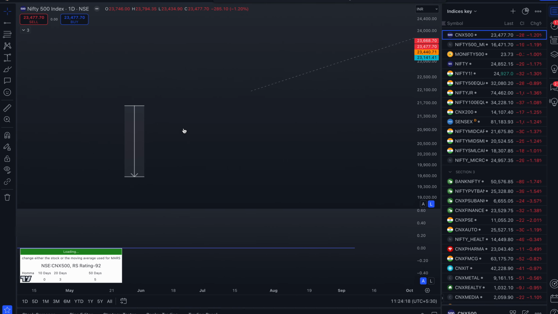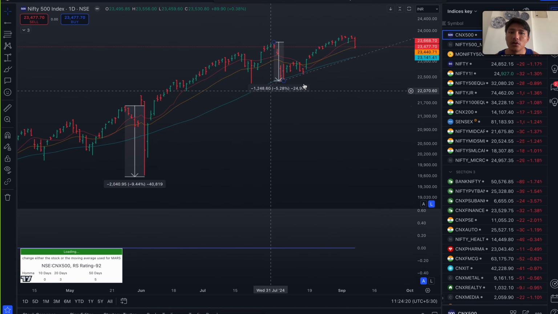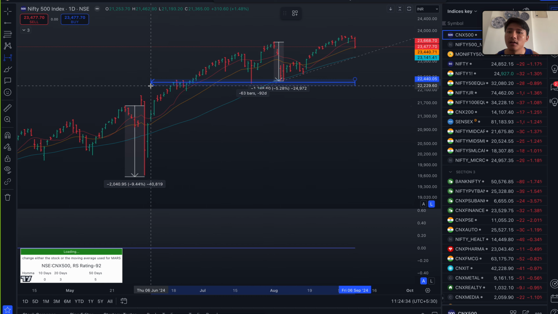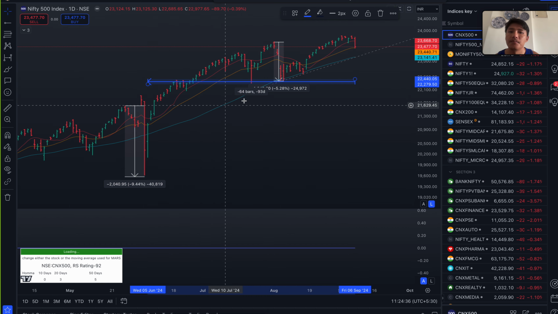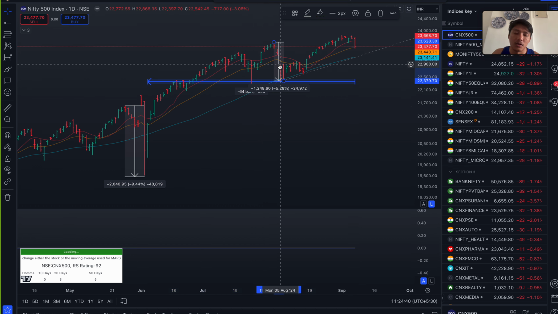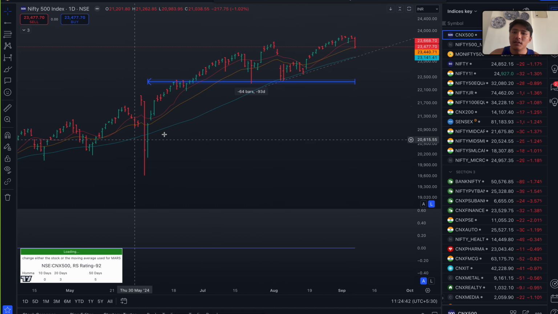What it means is that you have to calculate how many bars there were in the period for which you want the performance checked. From today's bar, or Friday's bar, till this bar is 64 bars.